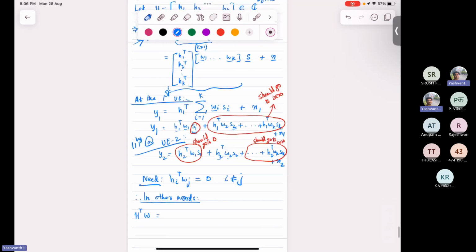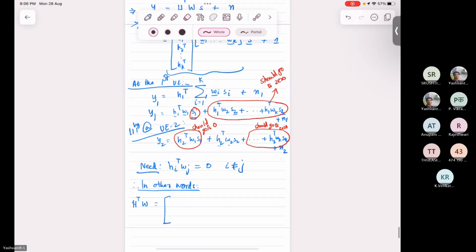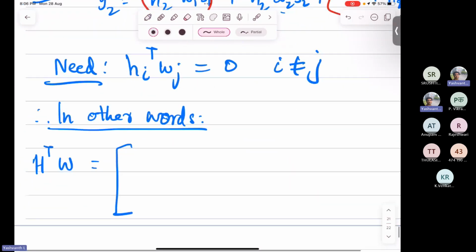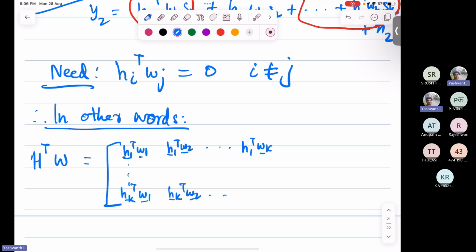If I expand this, it is nothing but H1 transpose W1, H1 transpose W2, and so on till H1 transpose WK, and so on till HK transpose W1, HK transpose W2, and so on till HK transpose WK.